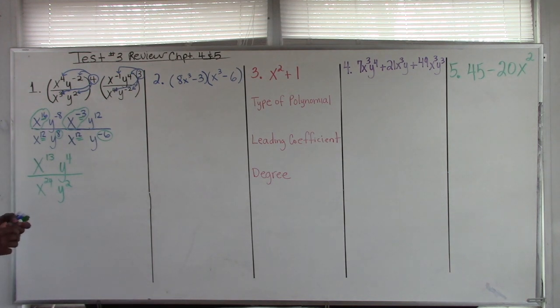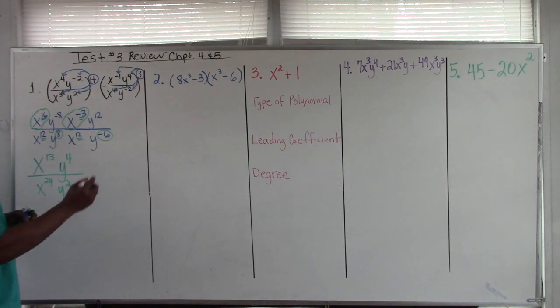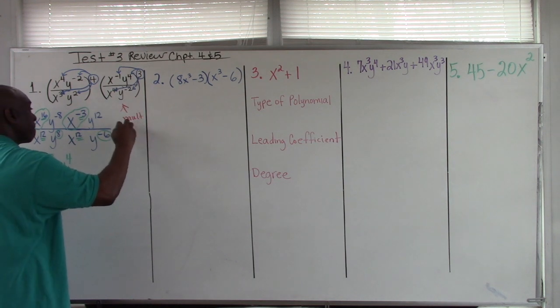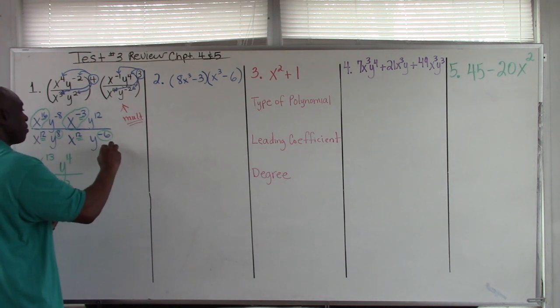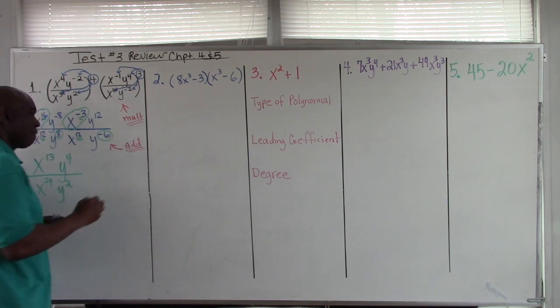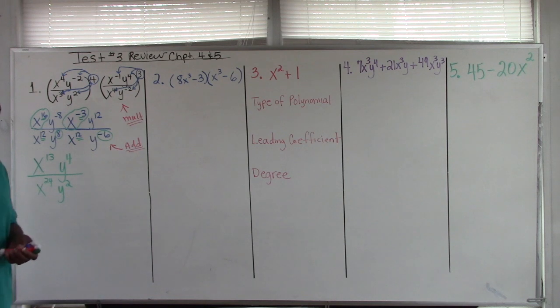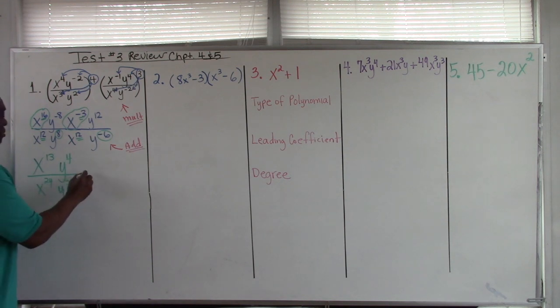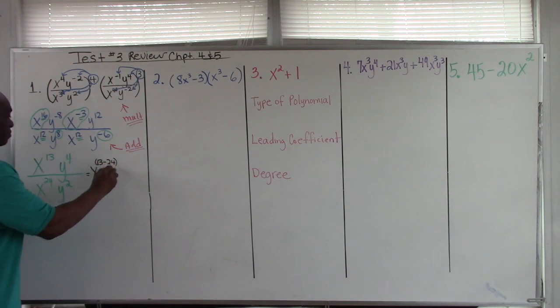Okay? So, what did we do first? First, we multiplied. And right here, then we added. Now we're going to subtract. Okay? So I have x to the 13 minus 24. That's going to be x to the power of 13 minus 24.